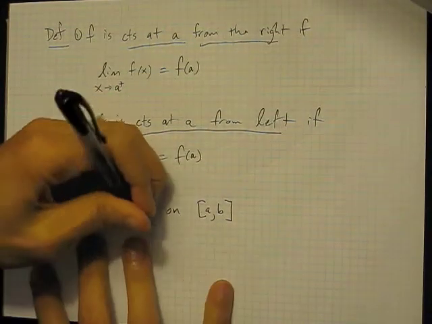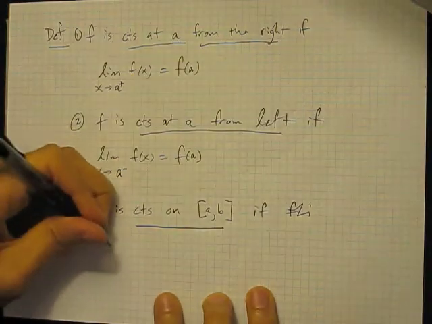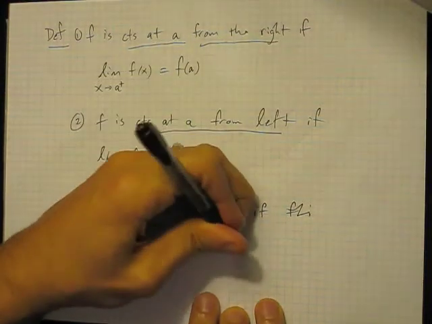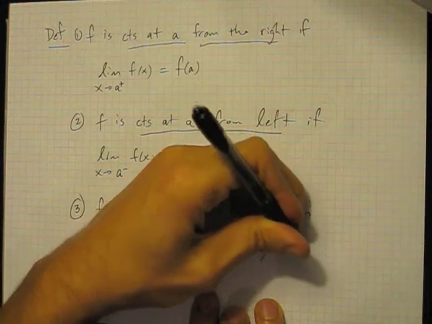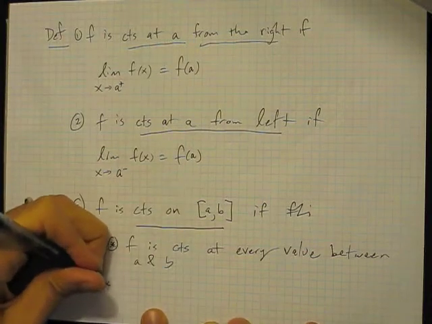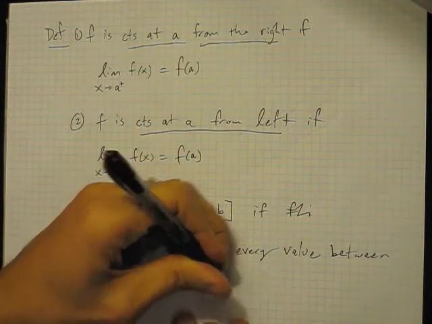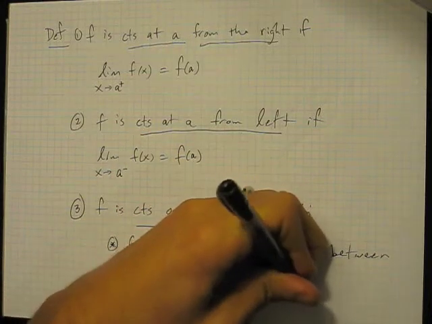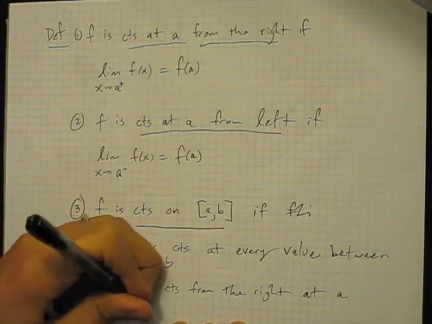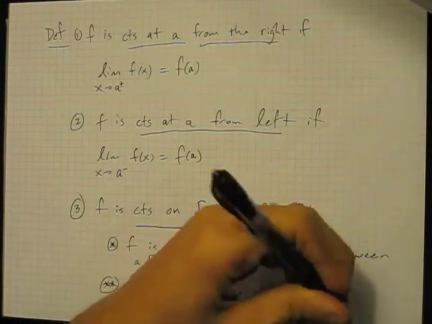Okay, so here we're going to define continuity on the entire interval if f, so condition 1, f is continuous at every value between a and b, and then 2, f is continuous from the right at a, and then 3, f is continuous from the left at b.